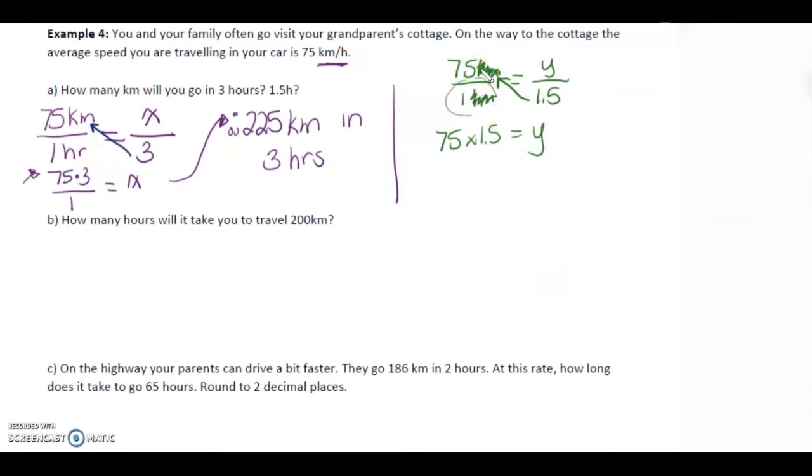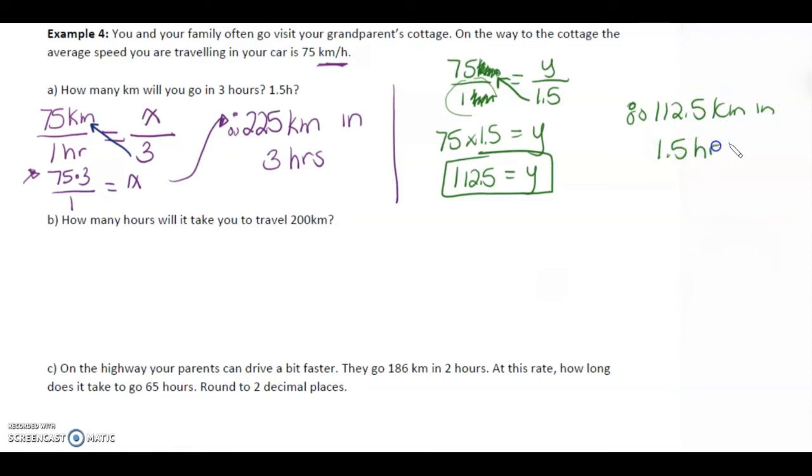Also, this divided by 1, it's tedious to put it in. For the original, I would say put it in, but moving forward, in your head, you can say, okay, I don't have to put this in because divided by 1 gives me the original. Okay, so 112.5 equals y. So therefore, they travel 112.5 kilometers in 1.5 hours.